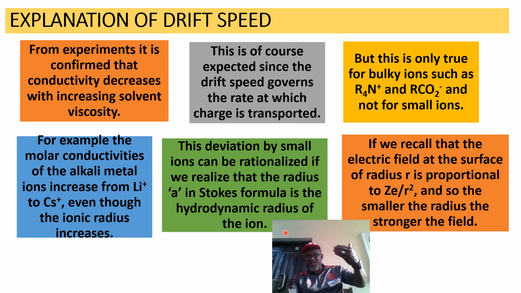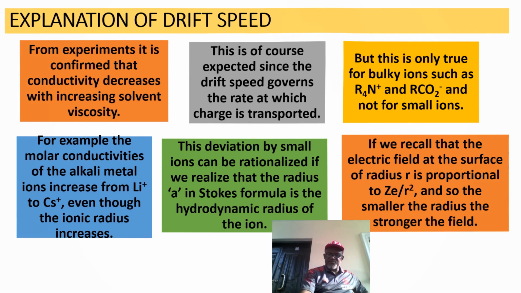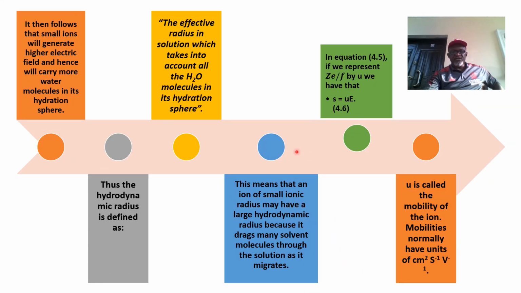So the stronger the charge on the ion, the more water molecules it will attract. So the hydrodynamic radius increases, which affects its conductivity. It then follows that small ions will generate a higher electric field, exactly what I said before, and hence carry more water molecules around them.